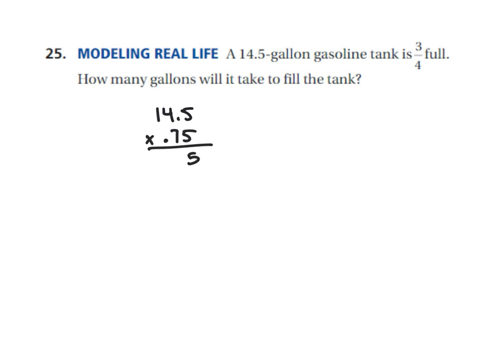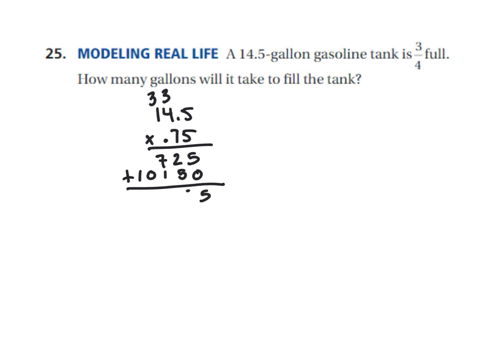5 times 5 is 25. 5 times 4 is 20, and 2 is 22. 5 times 1 is 5, and 2 more is 7. 0 for a placeholder. And we'll go 7 times 5 is 35. 7 times 4 is 28, and 3 more is 31. 7 times 1 is 7, and 3 is 10.